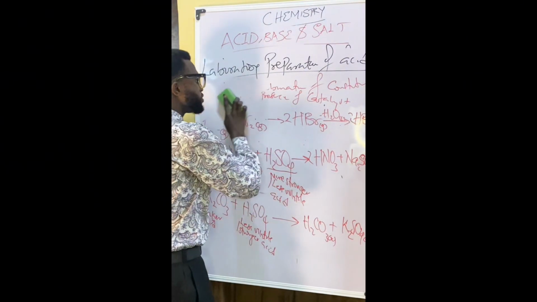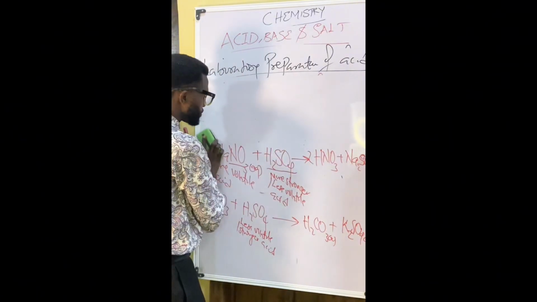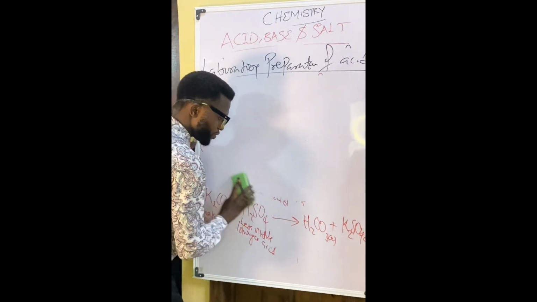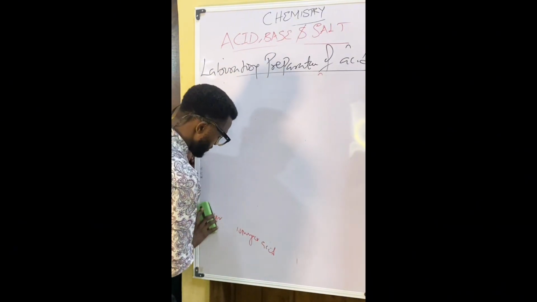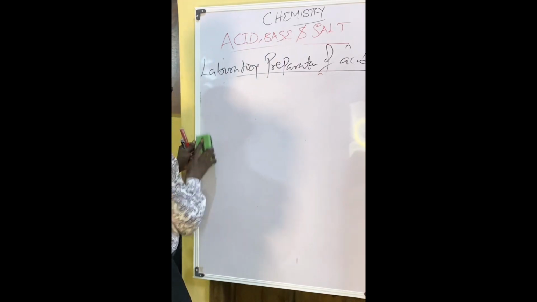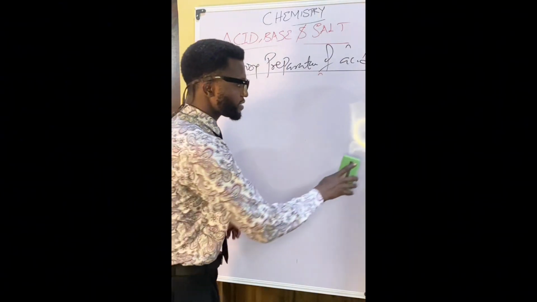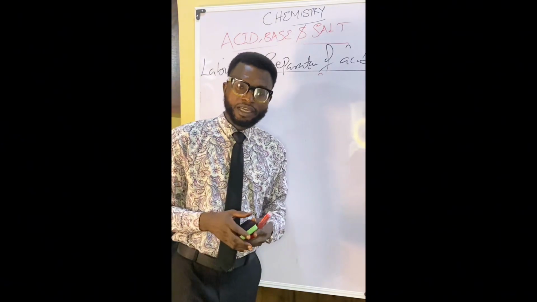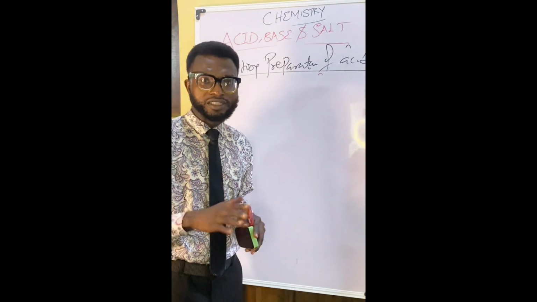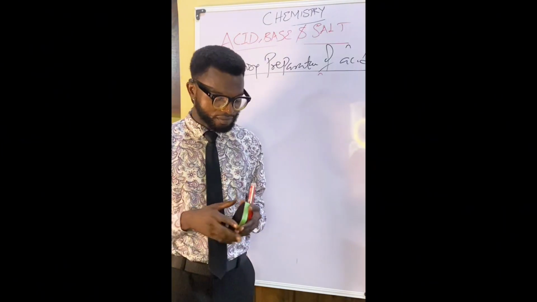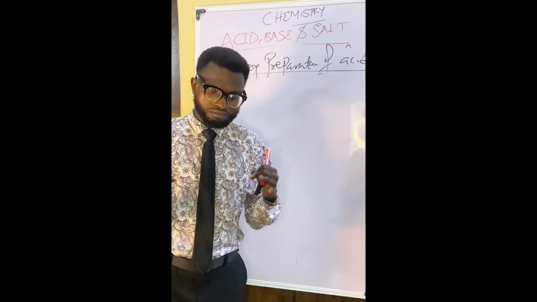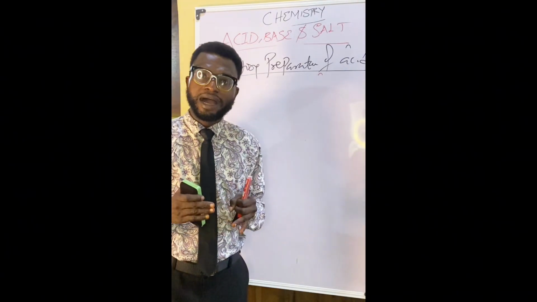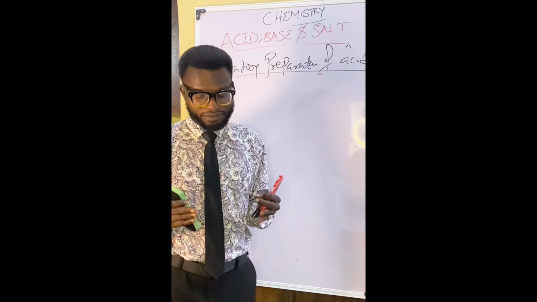Now, so then we move on to the next. We discuss the physical properties of acid. Number one, the presence of acid in an unripe fruit accounts for its characteristic sour taste. Number two, a solution of acid has pH less than 7.